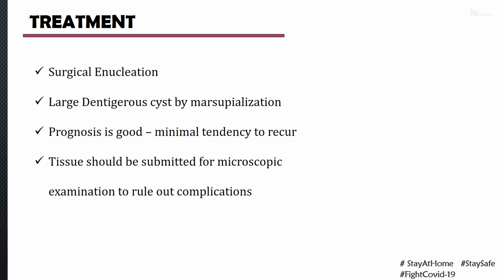Large cases of dentigerous cyst would require an alternate surgical technique referred to as marsupialization. The prognosis of dentigerous cyst is good, with minimal tendency to recur. However, the tissue of dentigerous cyst should always be submitted for microscopic examination to rule out any further complications.